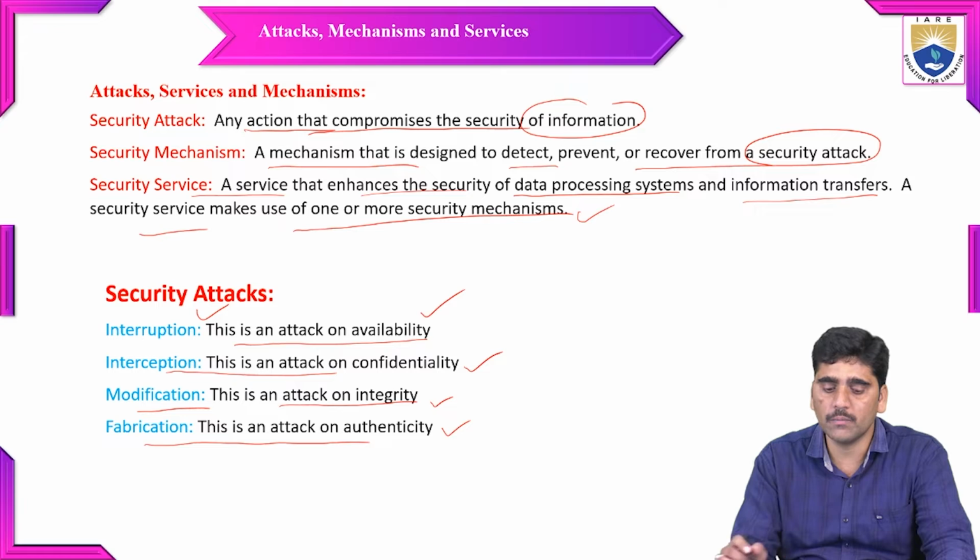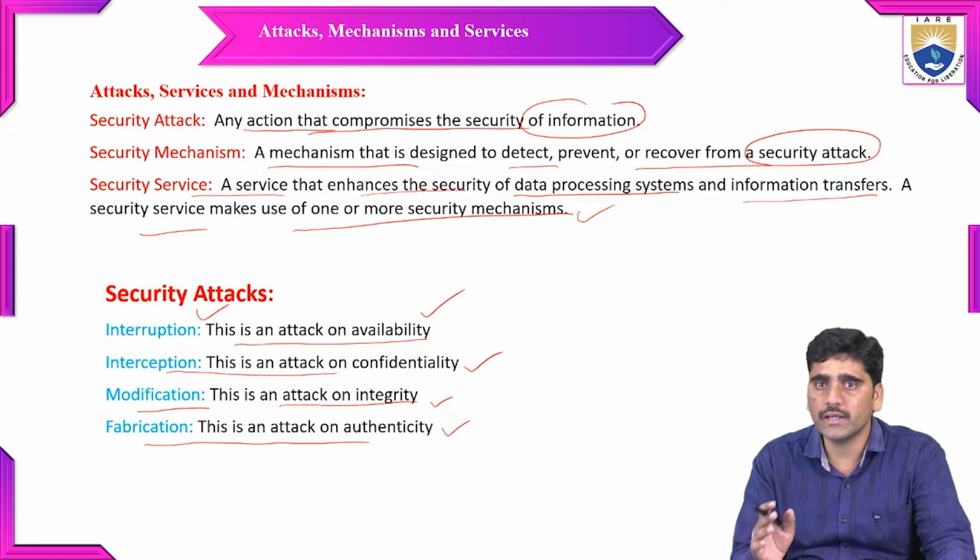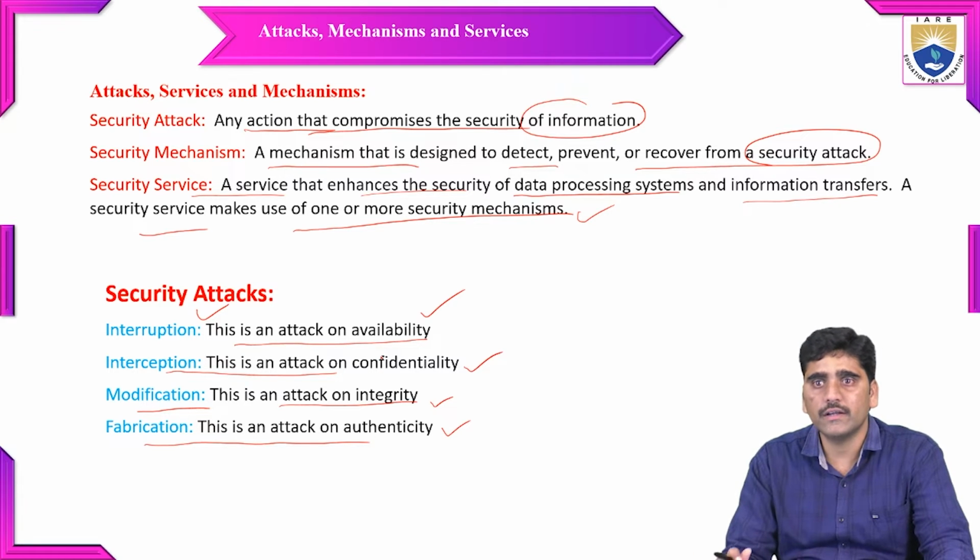Availability is how much of the data is available, and the attack interrupts it. Confidentiality is how the data is kept confidential, and with this attack you disrupt the confidentiality mechanism.